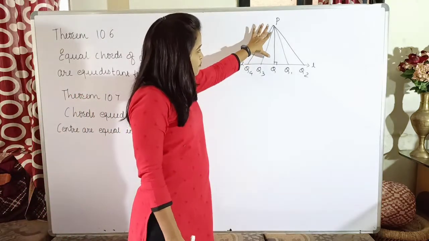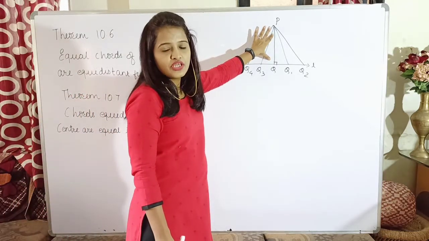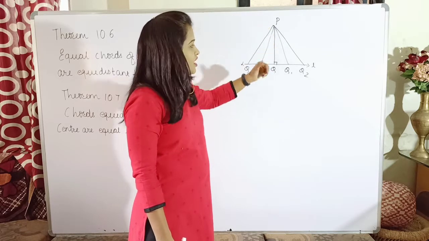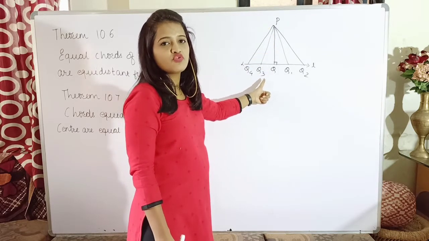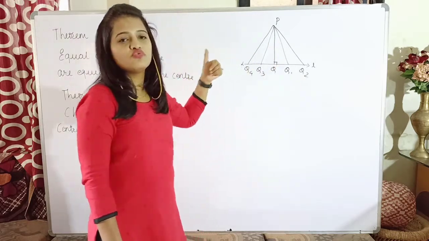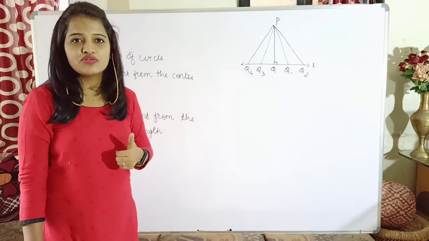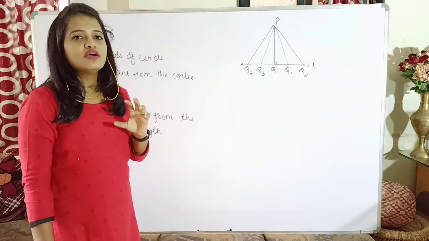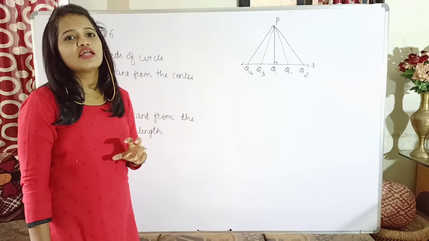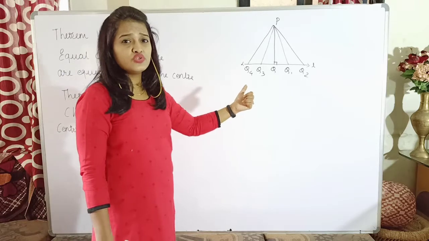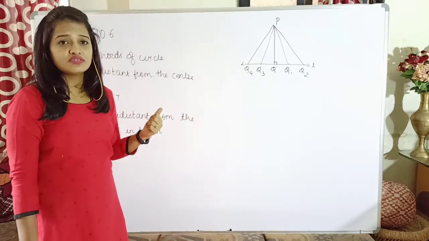The length PQ is the actual length specifying how far line L is from point P. PQ1, PQ2, PQ3, PQ4 are not perpendicular, so these lines will not tell you the exact distance of that line from that point. We are going to use this concept for showing the next theorem.